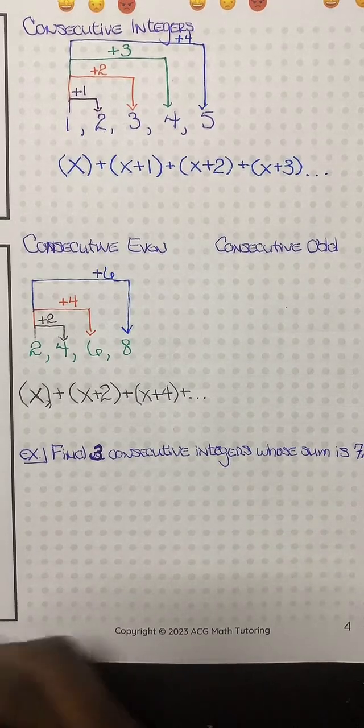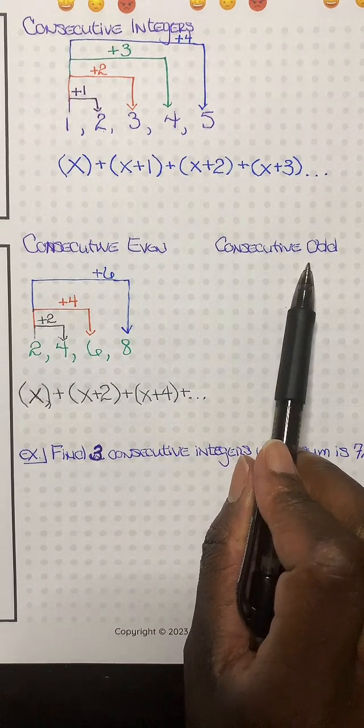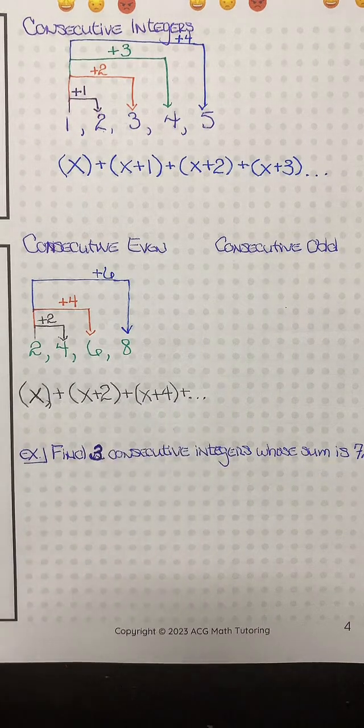So then, if I do consecutive odd numbers, will I get the same pattern? Yes or no? Thumbs up, thumbs down. Okay, yes, good.